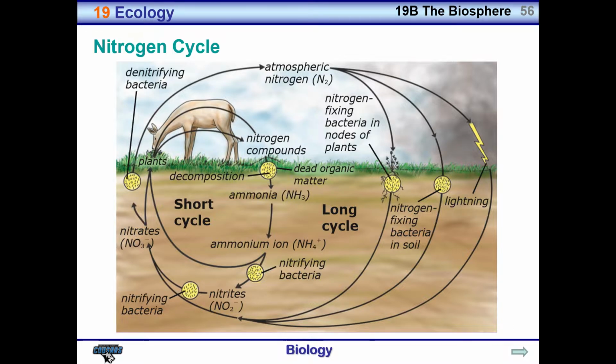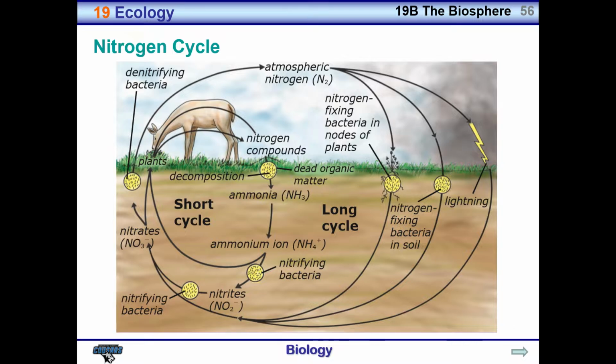So here is the overall nitrogen cycle. You can see that there is a short cycle and a long cycle. The short cycle involves decomposer bacteria and fungi breaking down dead organic substances and converting that nitrogen into compounds called ammonia, that's the NH3, which you can see in the middle of the diagram.